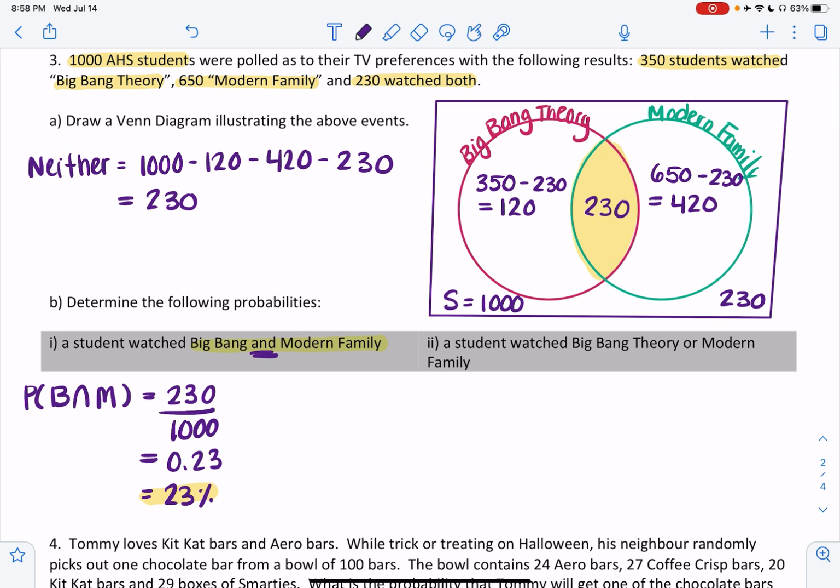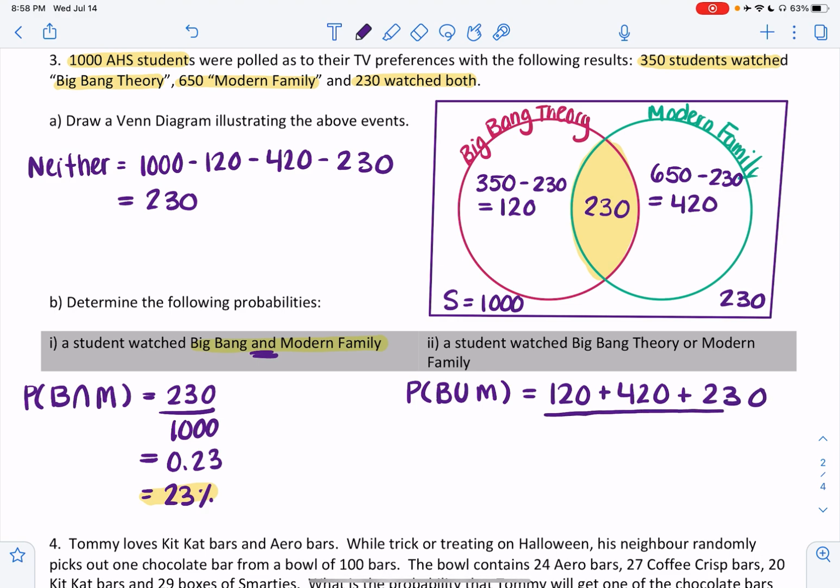Now, what about the probability that a student watches Big Bang or Modern Family? In this case, we want to take all of those students. So it's or. They could just watch Big Bang, 120, they could just watch Modern Family, or they could watch both.